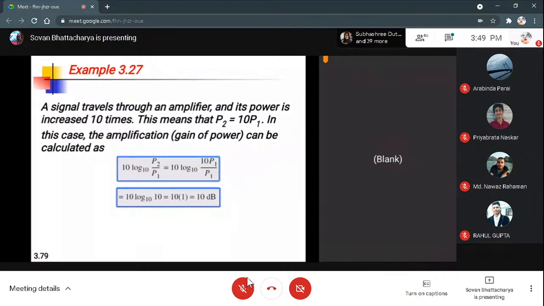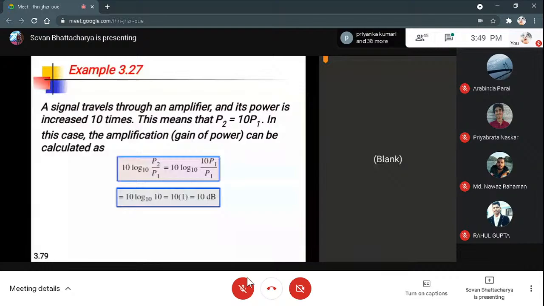Now here it will be amplified, that is P2 equal to 10 of P1, okay? So P2 value is 10 times P1. So that is 10 dB. Clear?